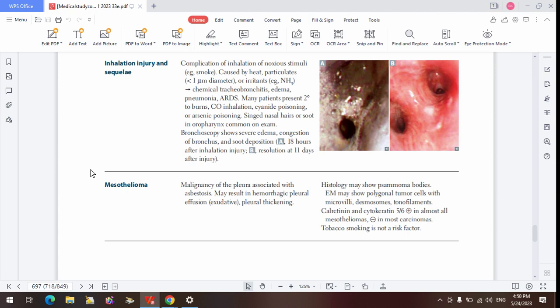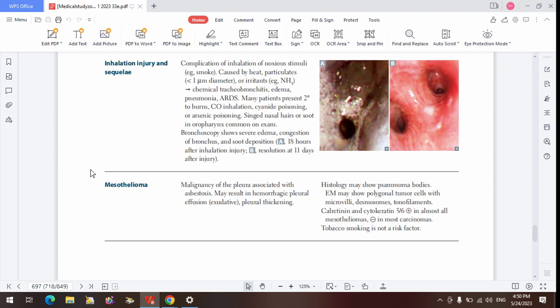It occurs in an individual that has been exposed to asbestos dust for a long time. Asbestos dust, apart from its normal damage to the lung parenchyma, also affects the pleural cavity itself. It causes thickening and formation of plaques within the pleural cavity.